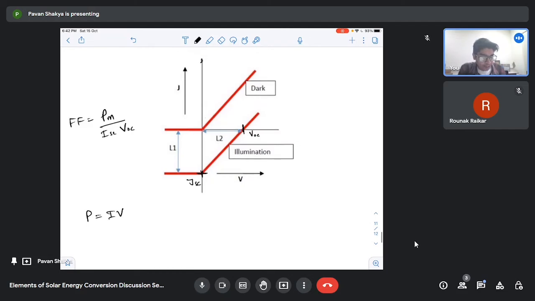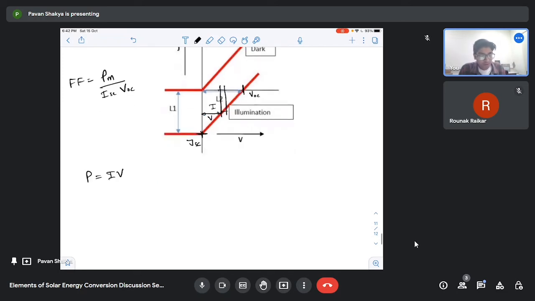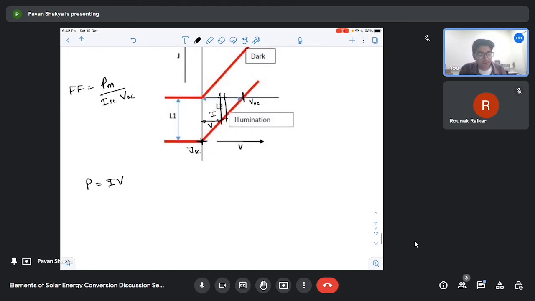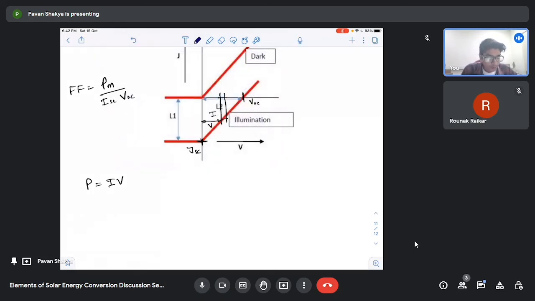So let's take a small segment of this curve. Okay, so if this is V, then this will be I. Now if we try to write the coordinates for this curve that has been shown in red, I am just making another line.